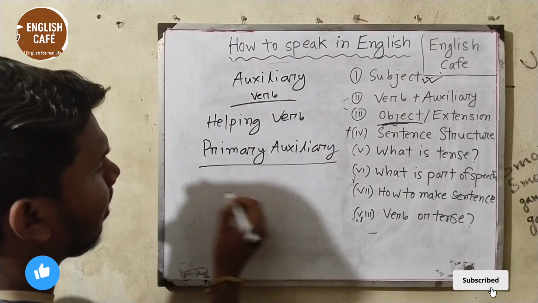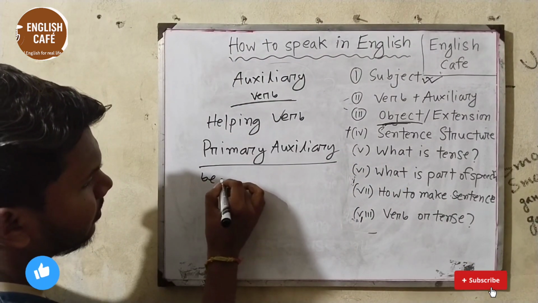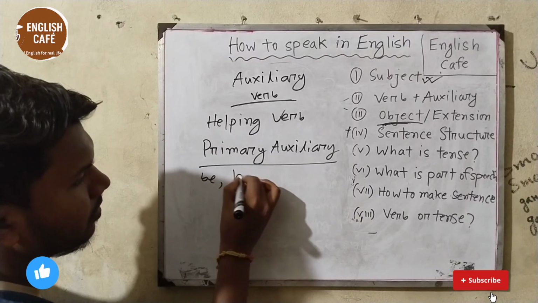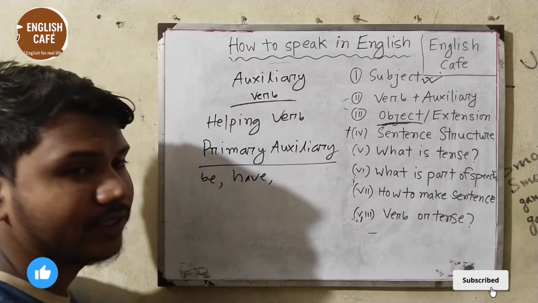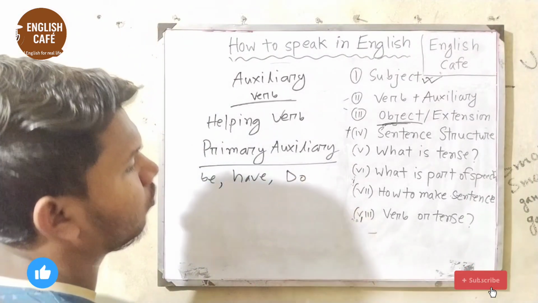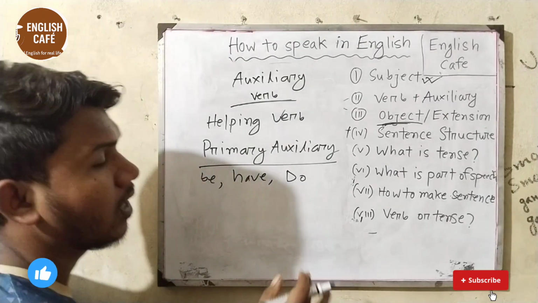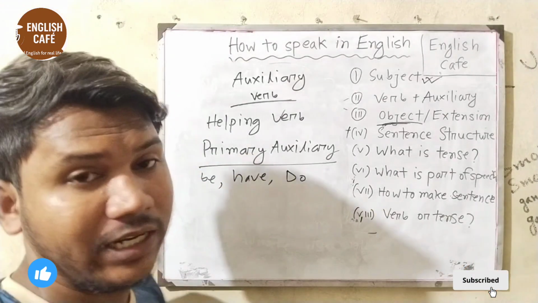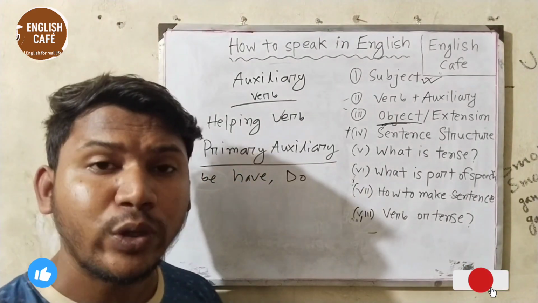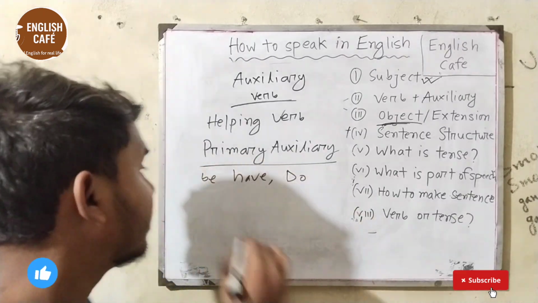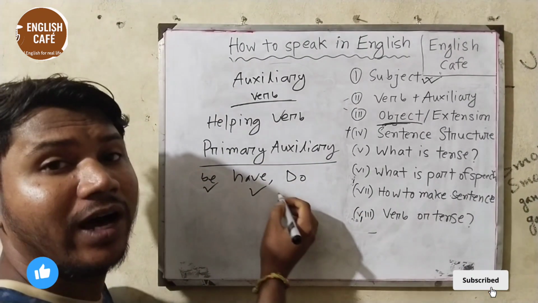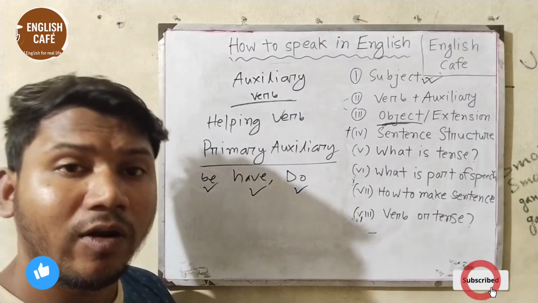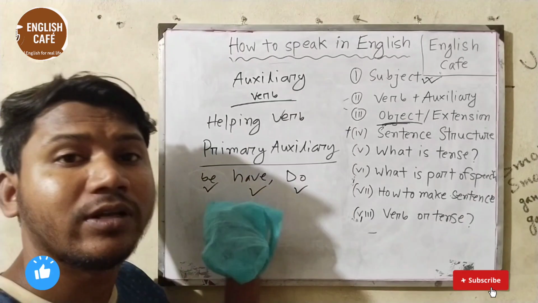So primary auxiliary verbs are be verbs, have verbs, and do verbs. So these verbs are called the primary auxiliary verbs. Now you might have a question: what is be verb, what is have verb, and what is do verb? Alright, we will know everything about this.